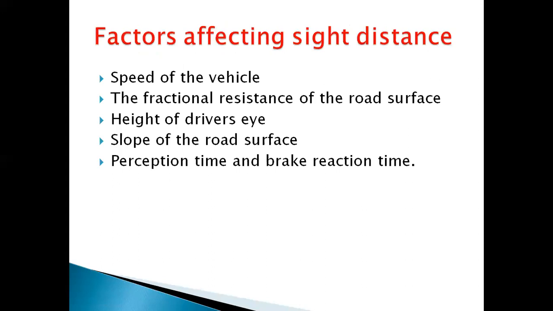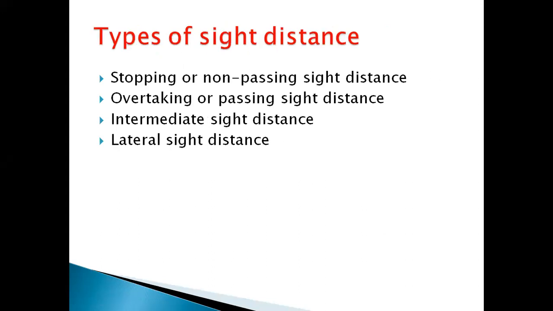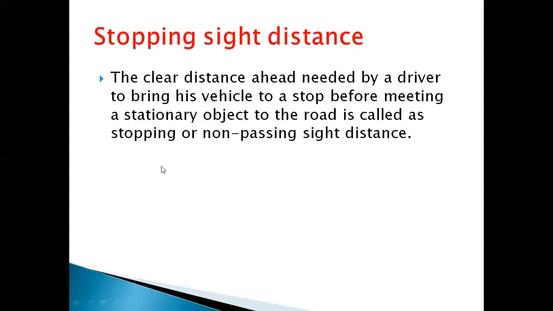There are a total of 5 factors which affect sight distance. There are 4 types of sight distance: first is stopping sight distance, second is overtaking or passing sight distance, third is intermediate sight distance, and fourth is lateral sight distance.